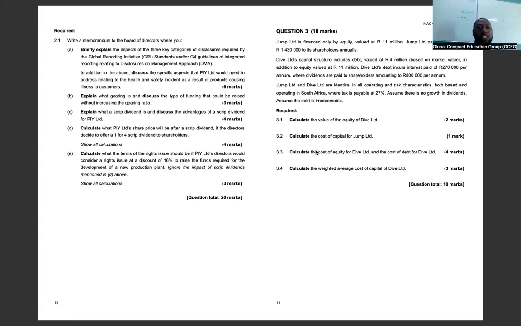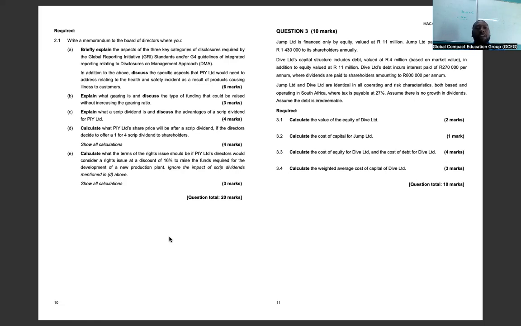Explain what a scrip dividend is and discuss the advantages of a scrip dividend. So, a scrip dividend is a dividend that is issued free, in exchange of shares. So instead of the shareholders receiving cash, they receive additional shares in form of their dividend.